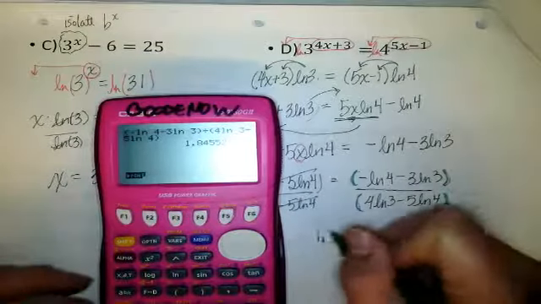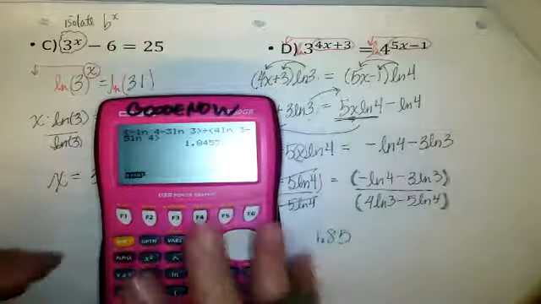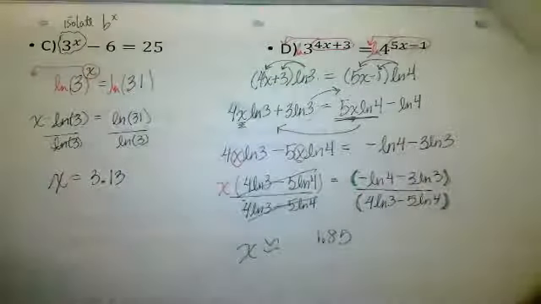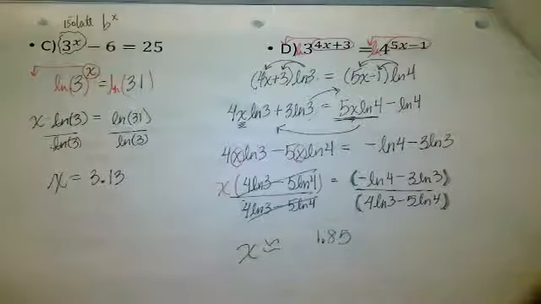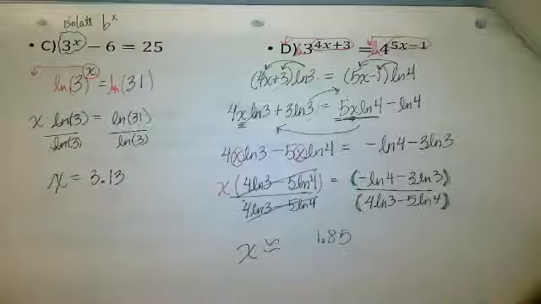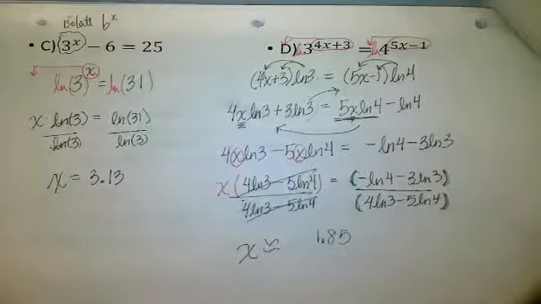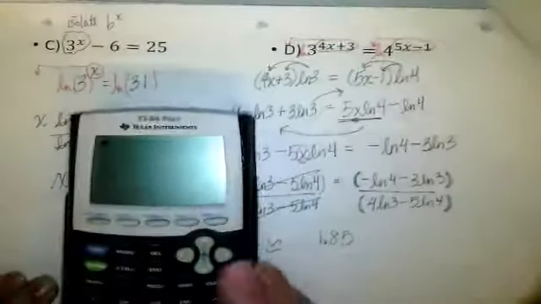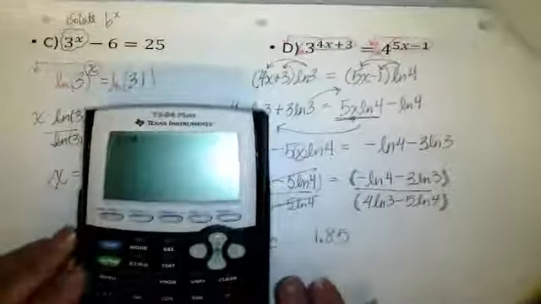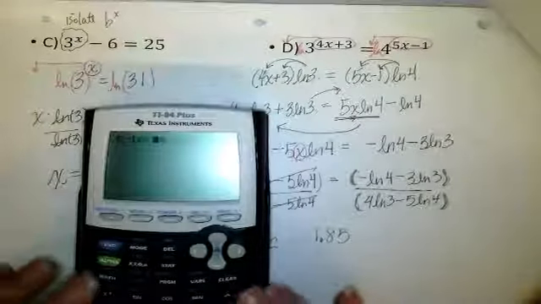1.85 approximately. Your TI adds a parenthesis, doesn't it? So parenthesis, negative natural log 4.